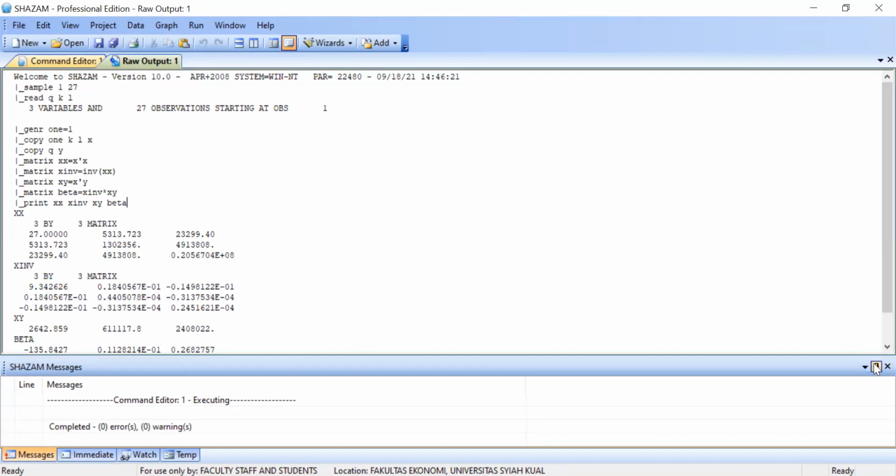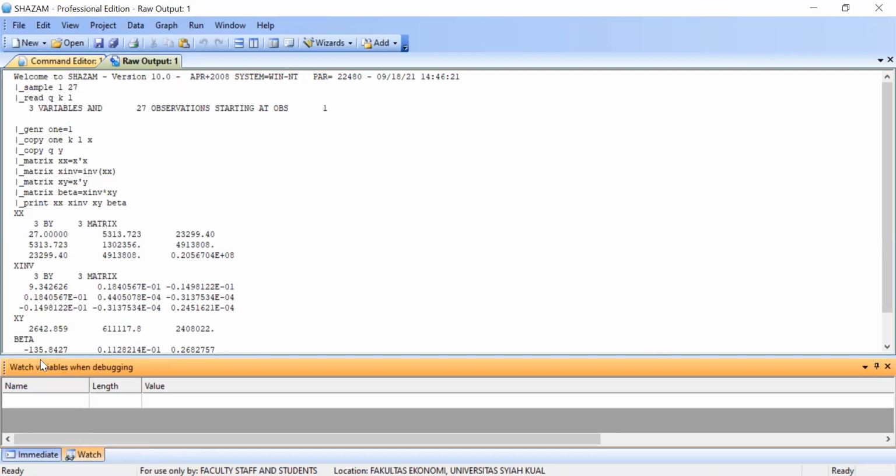We have 27 samples here, and we have sigma x1, the sum of capital, 5313 point something. This is the sum of labor, 23299.4 and so on.